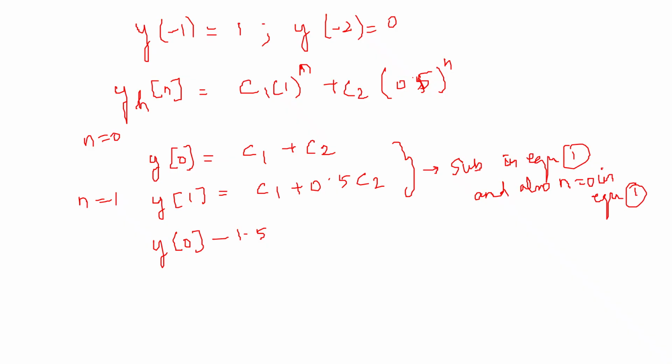So equation 1 can be written as y of 0 minus 1.5 y of minus 1 plus 0.5 y of minus 2 is equal to 0.